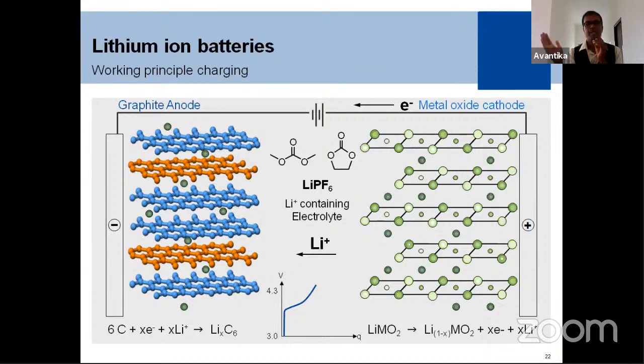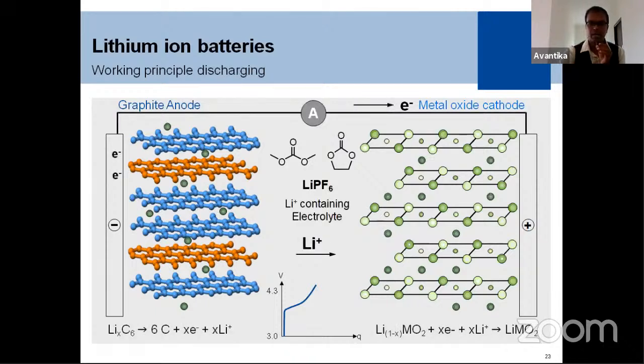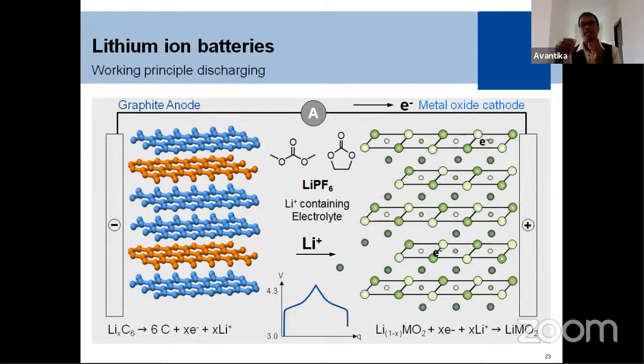This is happening during charging. Now I am giving the negative current, which is discharging. At the time of discharging, all the lithium ions go back to the original position, and the voltage comes back to 3 volts. So this is the basic concept of charging and discharging happening inside the battery.